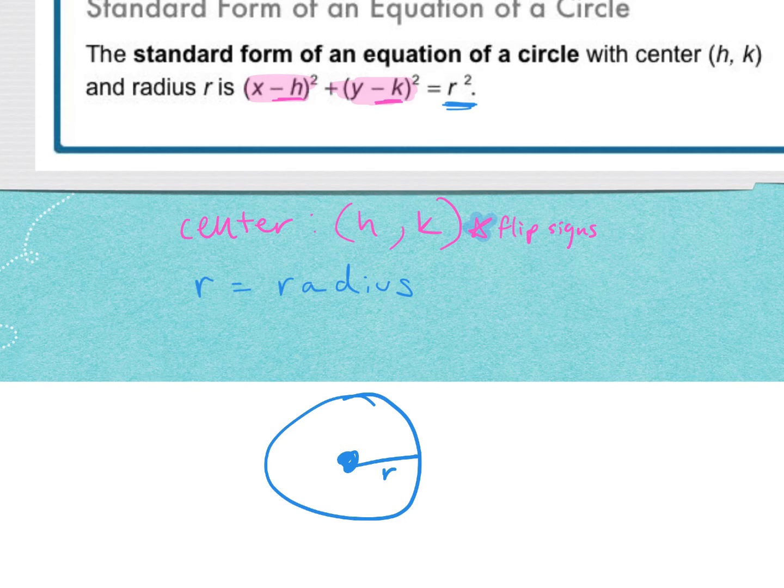And we can have more than one radius in a circle. From the center to the edge, this is r, so that's just another radius. So you can have an infinite amount of radii in your circle. So it's just the length from the center to the edge of the circle.